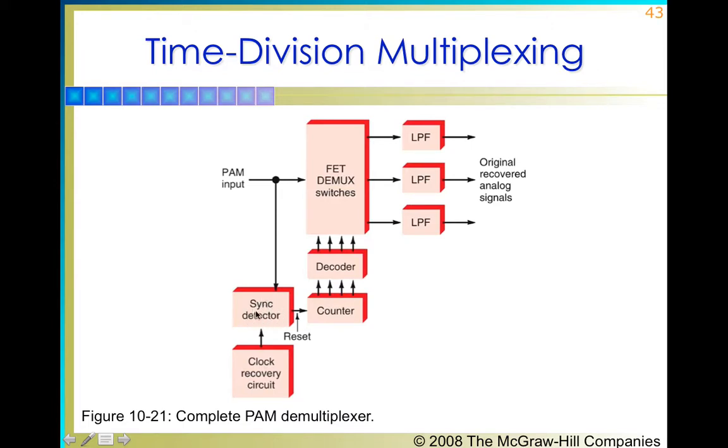The synchronous detector gets the synchronization pulse and the clock signal, and with the help of those it generates a programmed sequence which controls the gate voltages of the FET switches. These FET switches turn on at a very high rate, providing only one path for a small duration. So only one path will be on for a particular duration, and the signal comes over here, afterwards here, then here and here, and then from the low pass filter it is retrieved as the original signal over here.